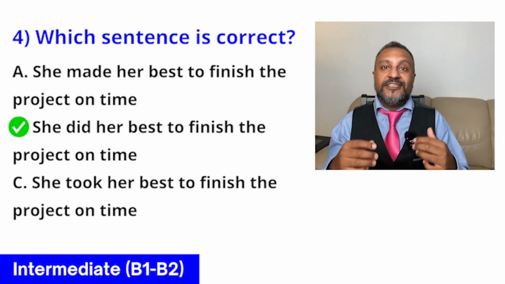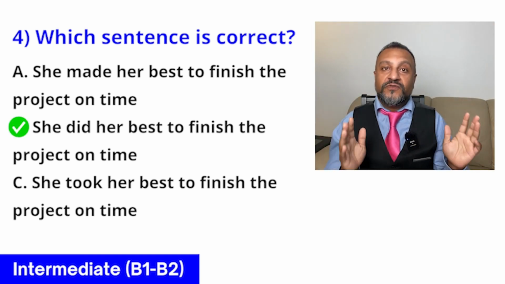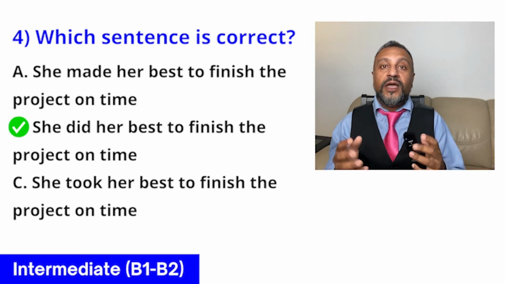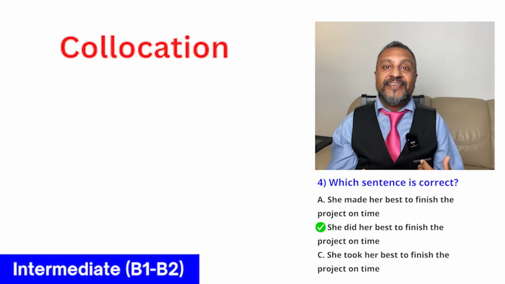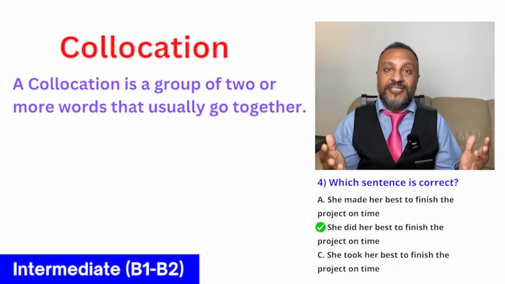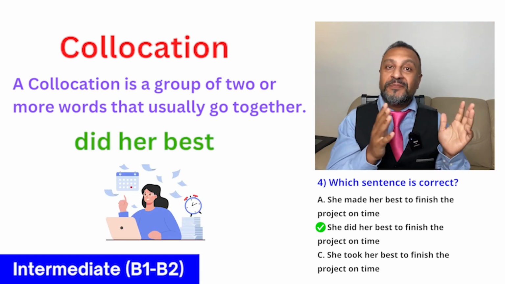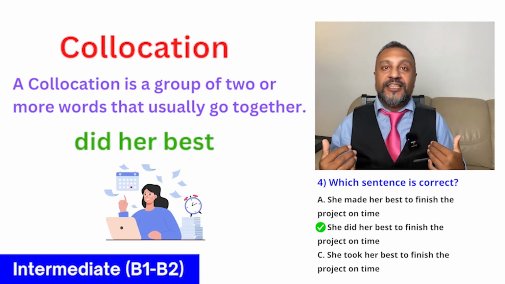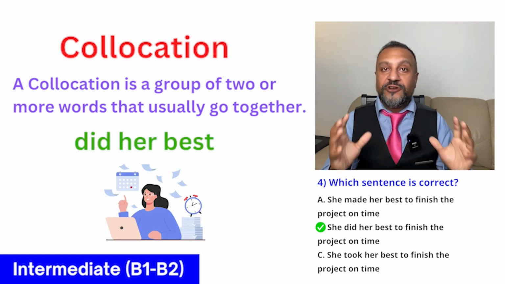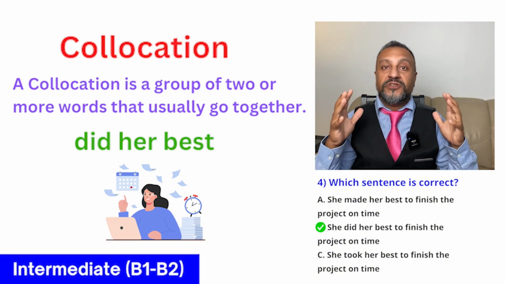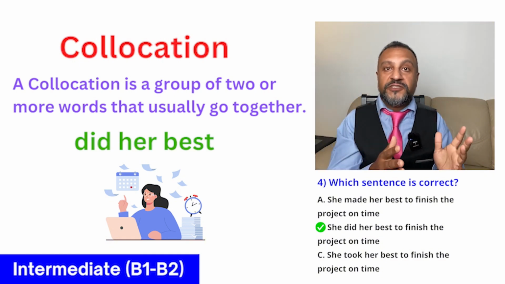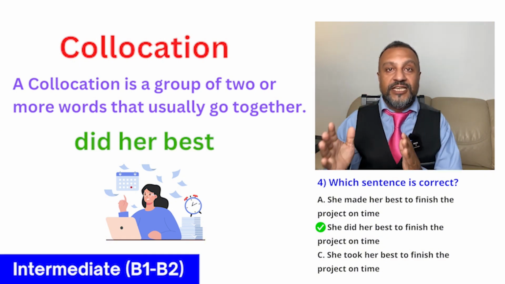The answer is she did her best to finish the project on time, but why? Here, this is a collocation. She did her best. Did her best is a collocation that conveys the idea that she tried to do her best. She put a lot of effort to finish the project before the deadline.